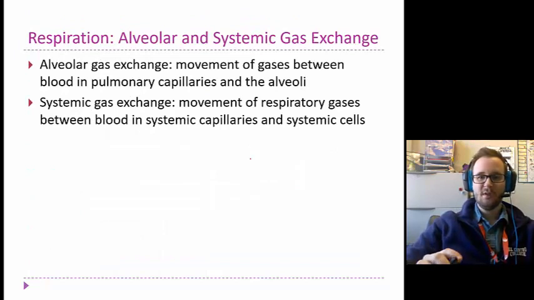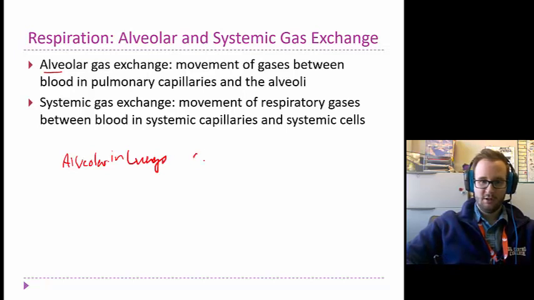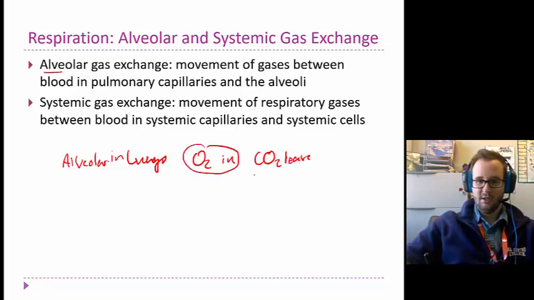And so first we need to define gas exchange. Alveolar gas exchange and systemic gas exchange are two different types. Alveolar gas exchange happens in our lungs, where O2 enters and CO2 leaves our lungs, going into or leaving our bloodstream or entering the atmosphere.